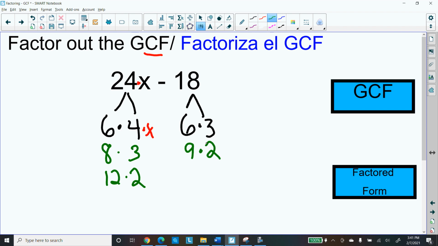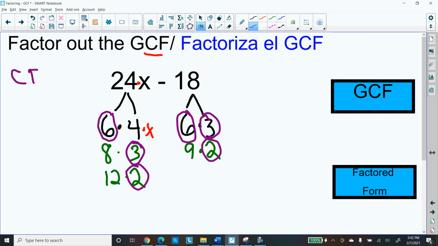I would say, again, 1 times 18, but it's got to be a factor greater than 1. So I'm looking at all of these factors, and I'm looking for what they have in common. I notice they have in common 6. They also have in common 3. And they also have in common 2. Those are all the common factors, and we call them CFs. So 2, 3, and 6.